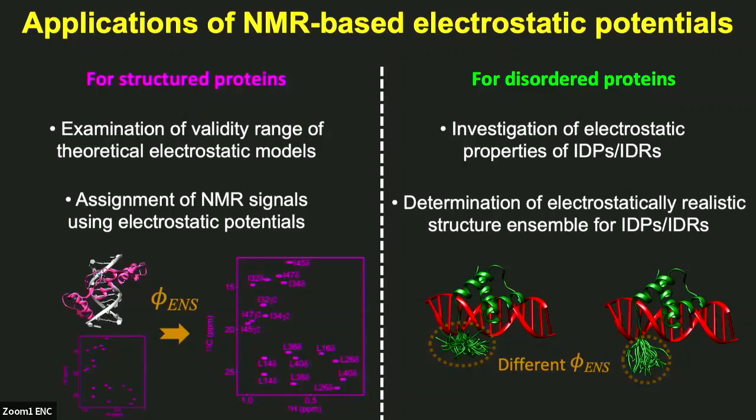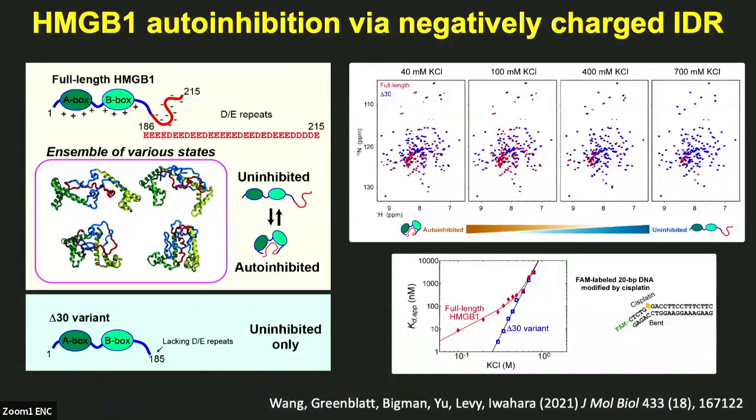So we can learn the electrostatic properties of IDPs or IDRs. And we can use such experimental electrostatic potentials to get an electrostatically reasonable structure ensemble of IDPs or IDRs. And we are now trying to do that for HMGB1, and I'm going to show some preliminary data on that.